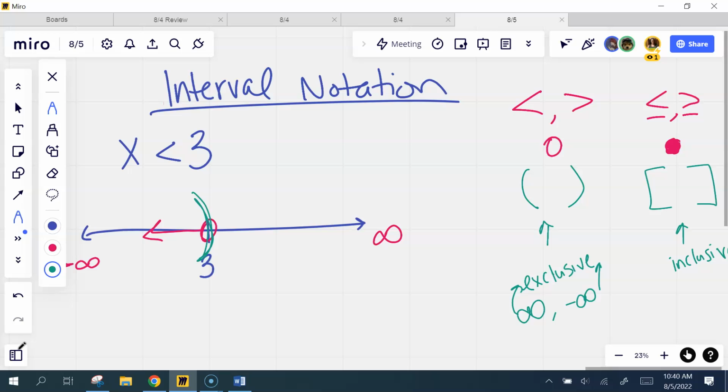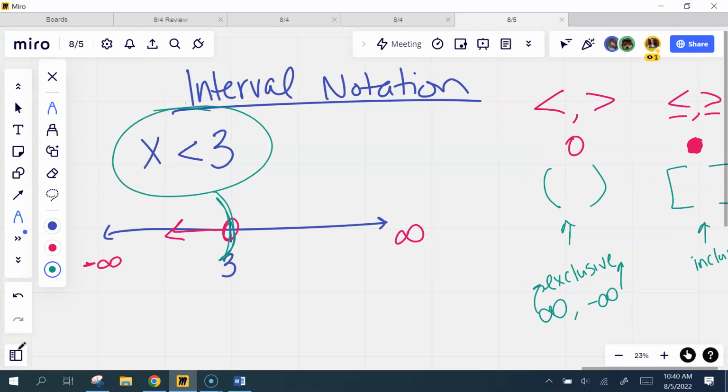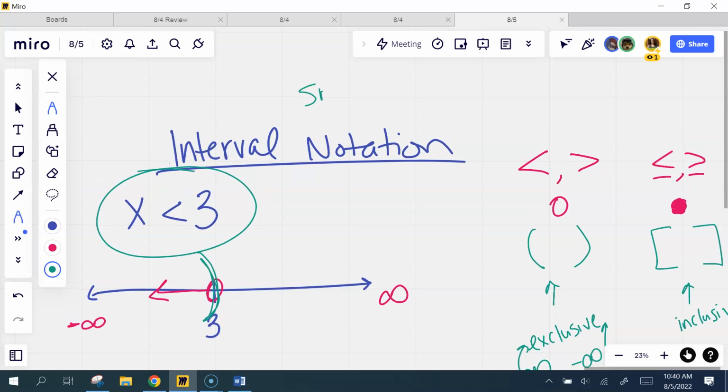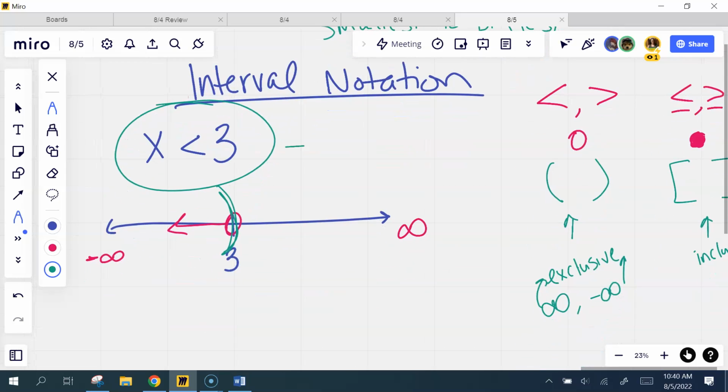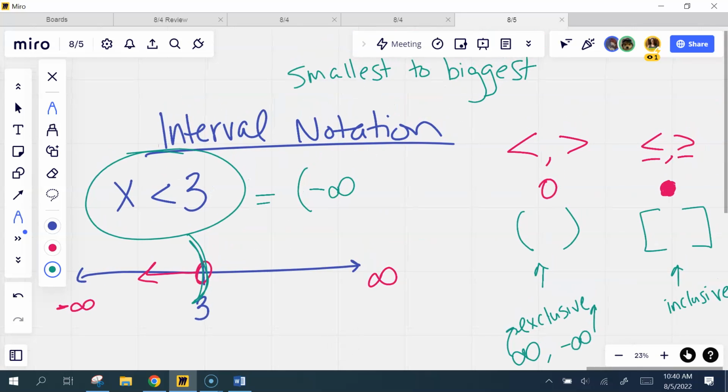So if I wanted to write x is less than 3 in interval notation, always go smallest to biggest. What is the smallest value that x can be? Negative infinity. So I'm going to start with negative infinity. Then you use a comma, okay?